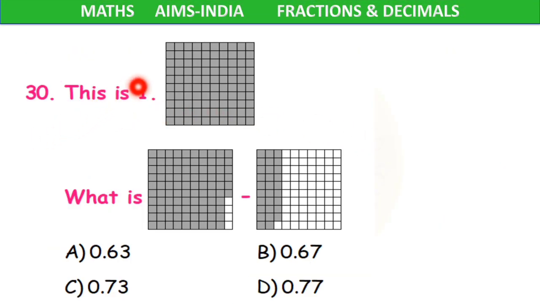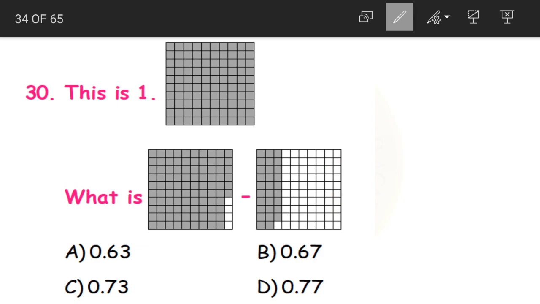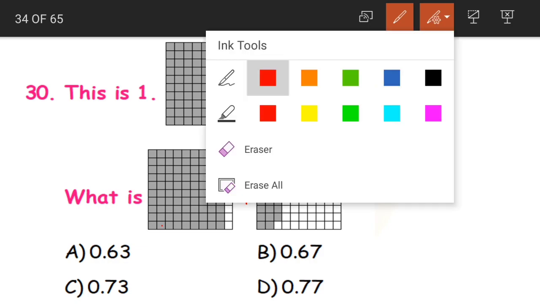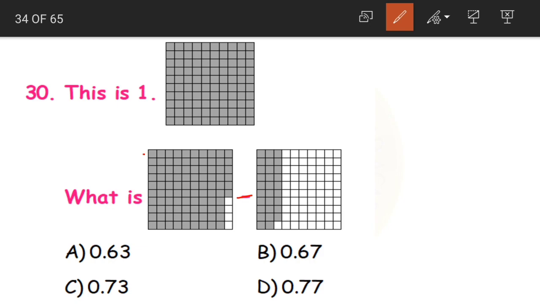Next question 30. This is 1, then what is this figure minus this figure? Again, what is this, children? It is a similar type of question. We had an addition based question for this, but now we are having subtraction. First, let us find out what this figure represents.